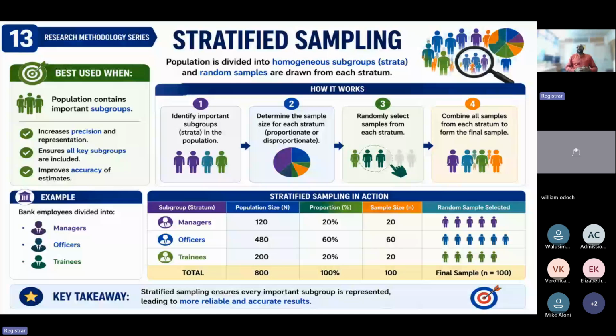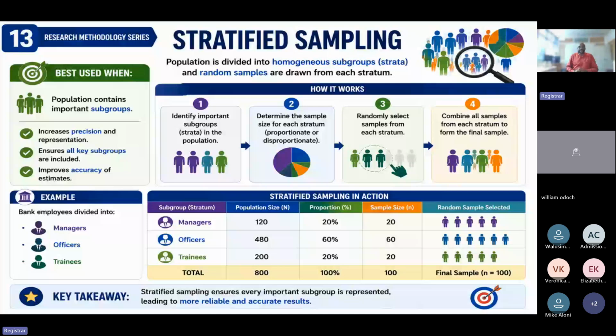When we do stratified sampling, the first thing we have to do is identify the important subgroups and plan how to proceed. The subgroup is called a stratum. That is your capability, your knowledge about the population.